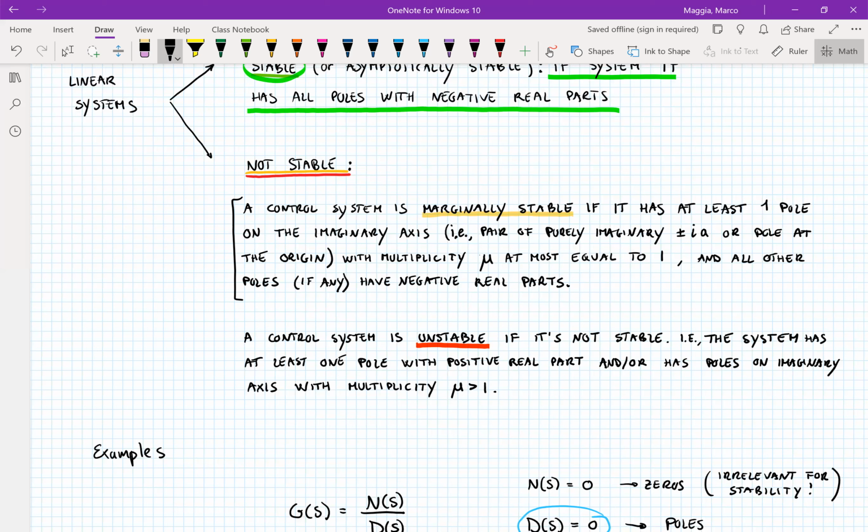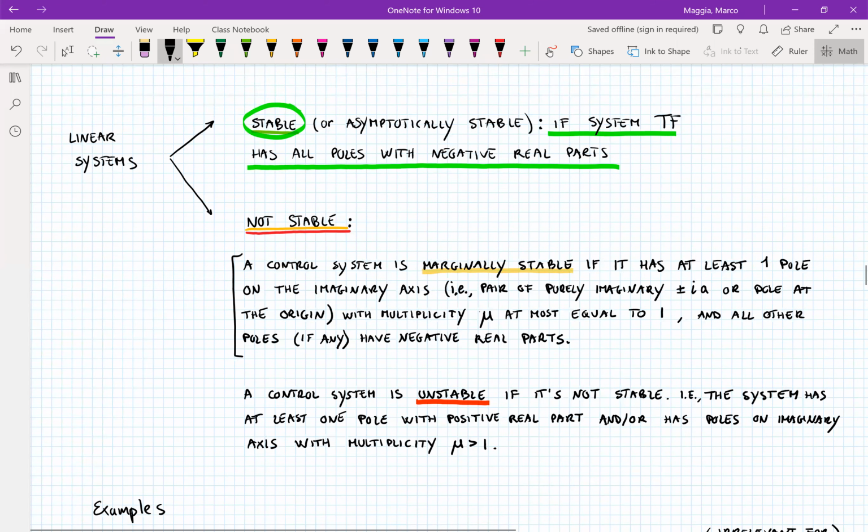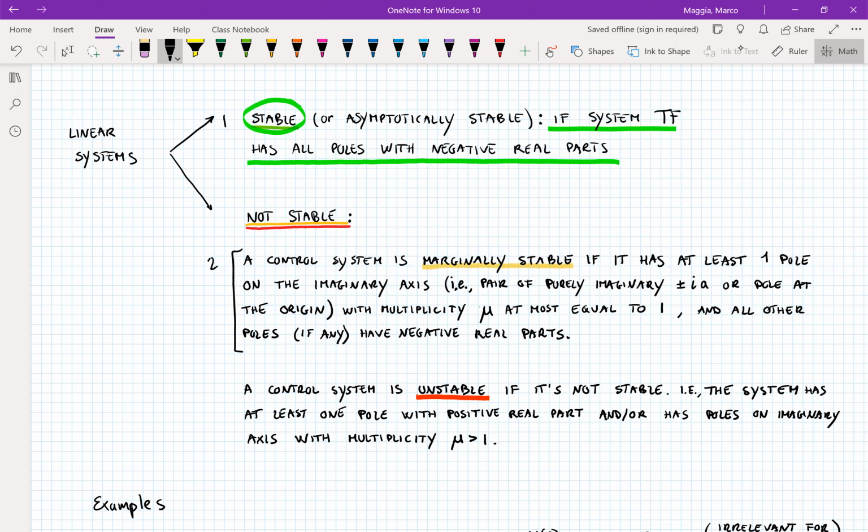Now, if neither case 1 nor case 2 is met, then we have case 3, where the system is called unstable. So an unstable system is a particular case of a non-stable system. An unstable system is a system that is neither asymptotically stable nor marginally stable. So it means that it has at least one pole with positive real part and/or has poles on the imaginary axis with multiplicity greater than 1.